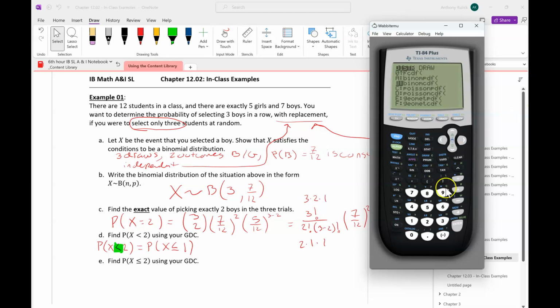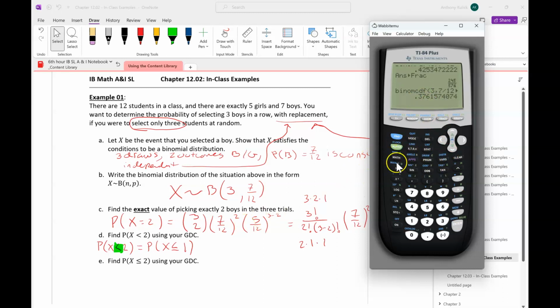So again, this experiment had 3 trials. Probability was 7 out of 12. And we want 1 as our x value because it was less than or equal to 1. And that gives me 0.76 and so on.